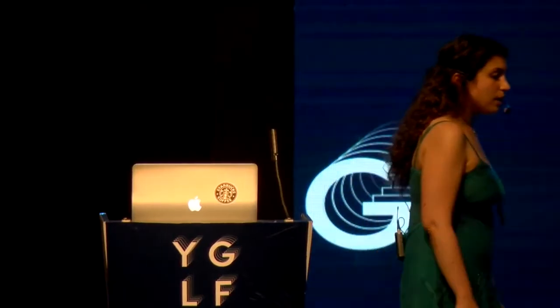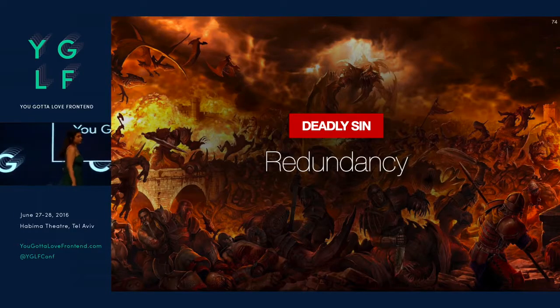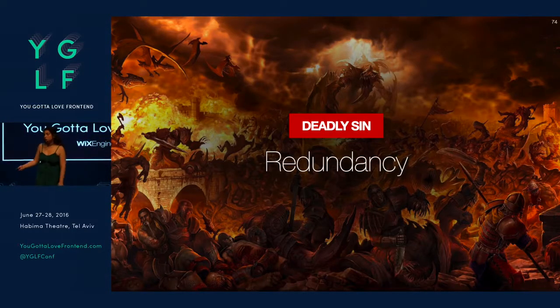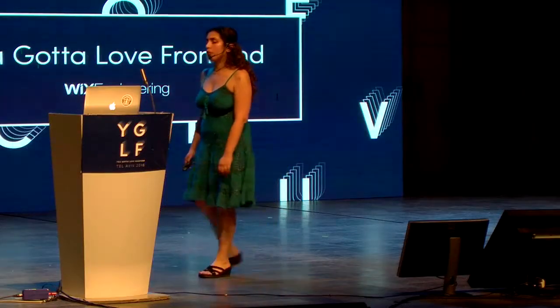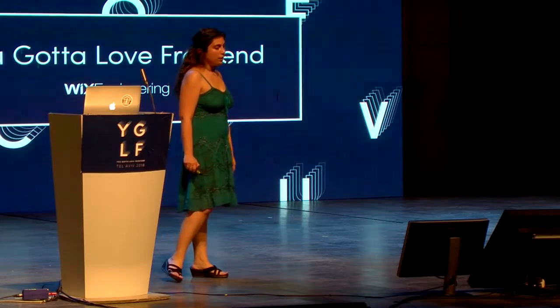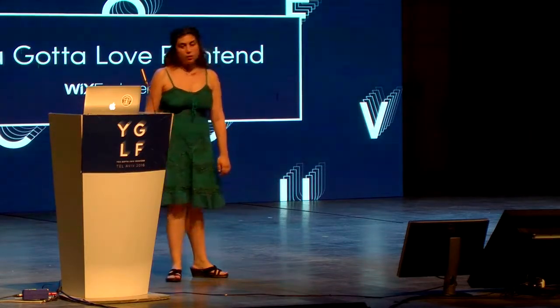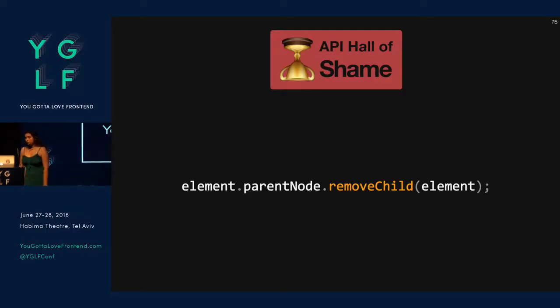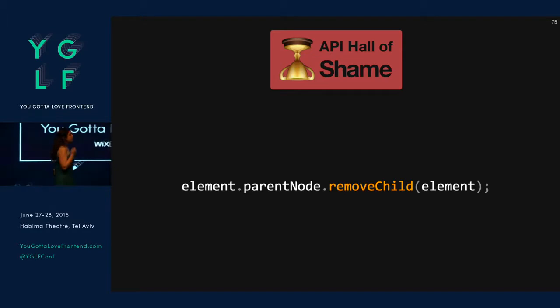The next sin is redundancy, forcing people to provide two parameters for things that if you can infer one from the other. Again, the old DOM is a prime example of this. This always bugged me. Why do I have to provide a reference to the parent node to remove a child from the DOM?